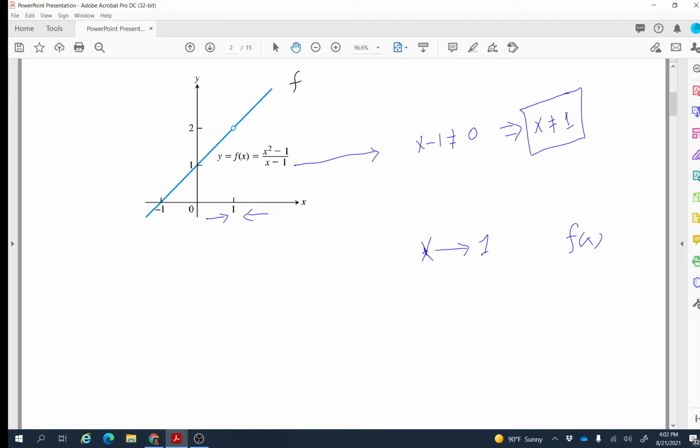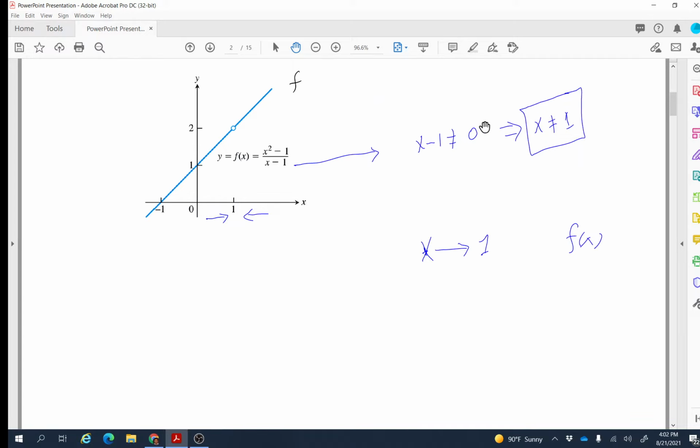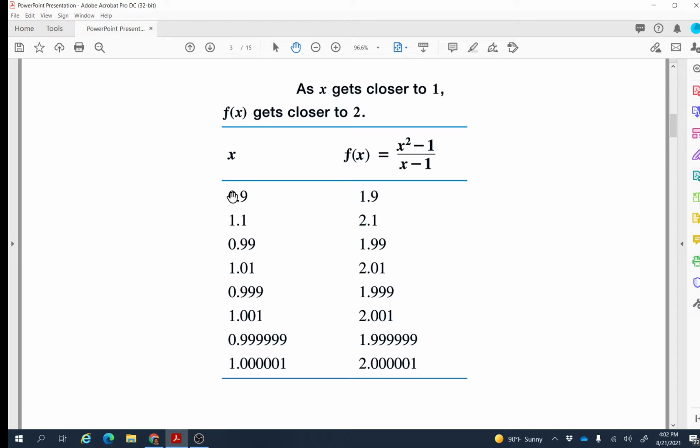And look at here, I'm going to use this table. When I plug in x equal to a value very close to 1, I know the function is undefined at 1, so I cannot pick x equal to 1, but I can pick something very close to 1. As you can see here, when x is 0.9, the value of the function is 1.9. You can just plug the value x equal to 0.9 here and calculate that.